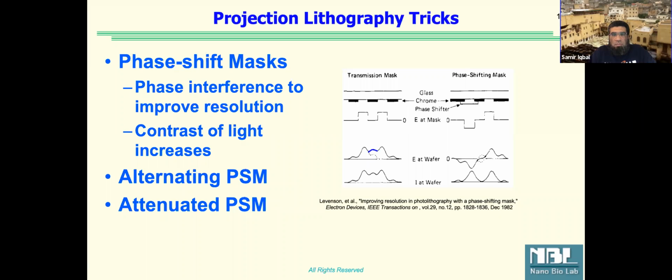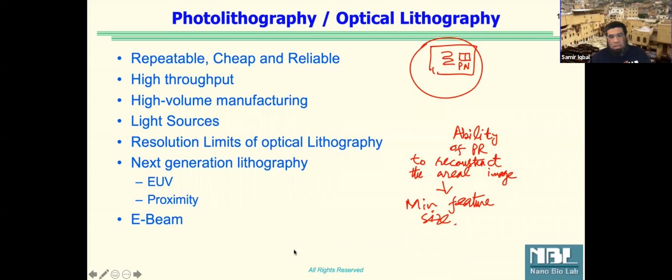So I just want to share two, three tricks that have been done to keep on pushing the size of the chip features, so we can keep on making smaller and smaller things. Now, to recap, we have been able to use lithography, optical lithography, to make things smaller, repeatable, and cheap.